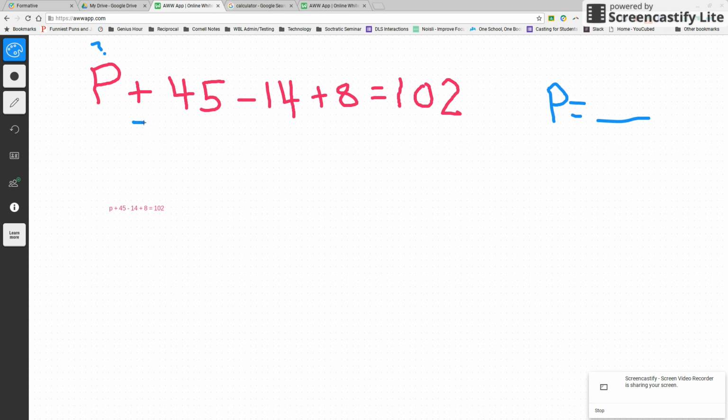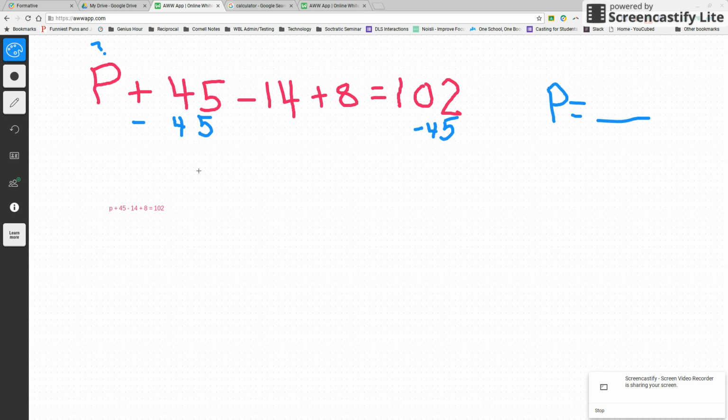So with our proof, if I want to get rid of it on this side, I have to do the opposite. So I'm going to subtract 45, because if I have 45 on this side, I subtract 45, then I have 0, I have nothing there. But whatever we do to one side, we have to do to the other side. So in a proof, I'm going to put that minus 45, I put it directly under on this side where I'm taking it away. And then I also write it on the other side.